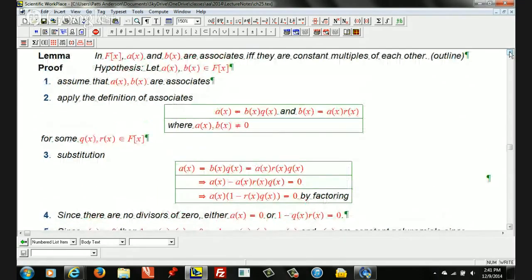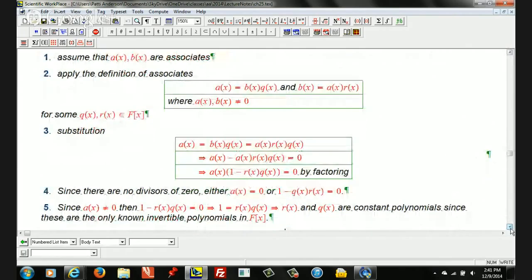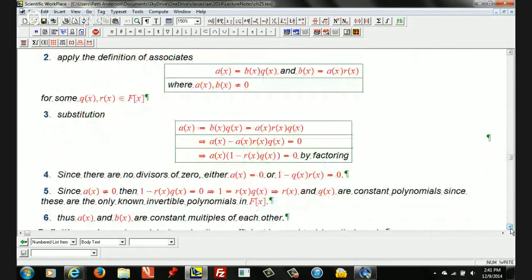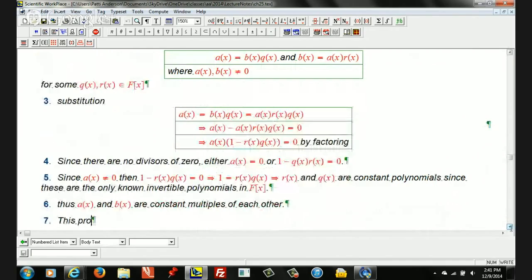That's one way. Now, going back the other way, is it any different? No, this actually goes both directions. So we don't have to rewrite it. If we were writing it, we'd have to use if and only if arrows throughout here.